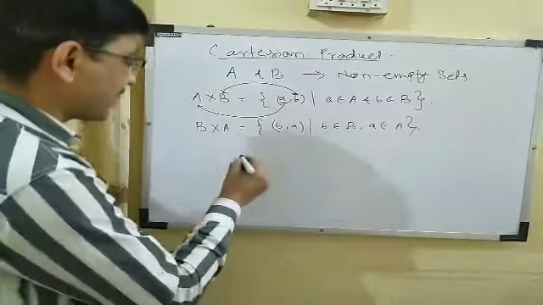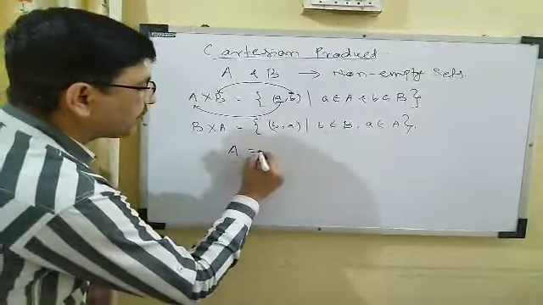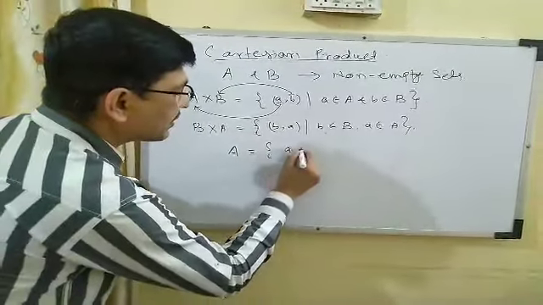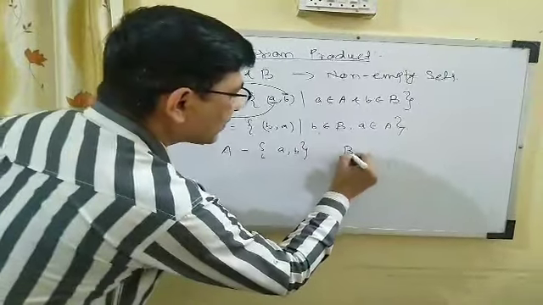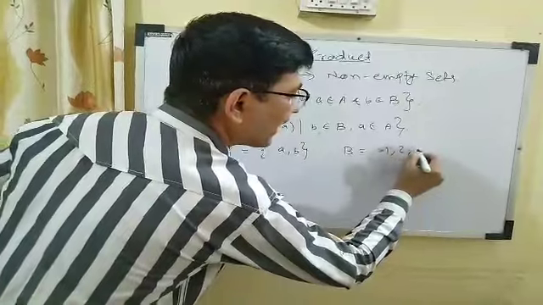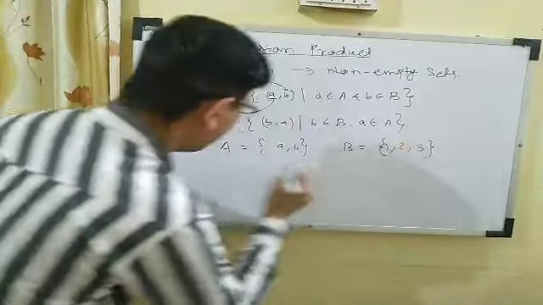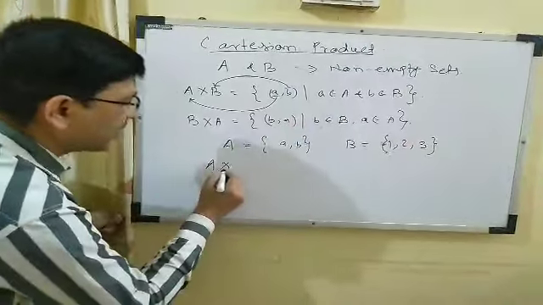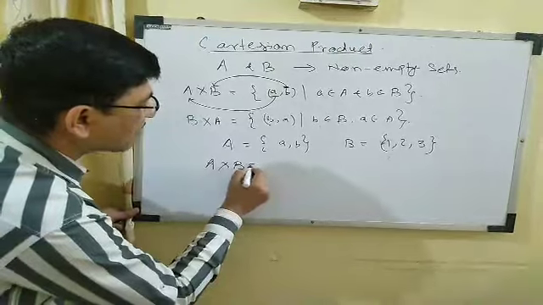Let us have one example. If A is the set of two elements a and b, and B is the set of three elements, suppose 1, 2 and 3, then we can find A cross B in terms of ordered pairs.